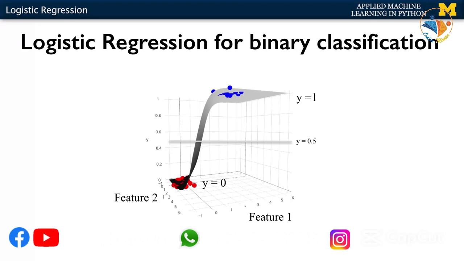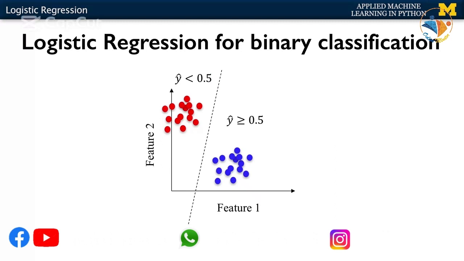Now if we imagine that there's a plane representing y equals 0.5, as shown here, that intersects this logistic function, it turns out that all the points that have a value of y equals 0.5, when you intersect that with a logistic function, all lie along a straight line. In other words, using logistic regression gives a linear decision boundary between the classes, as shown here.